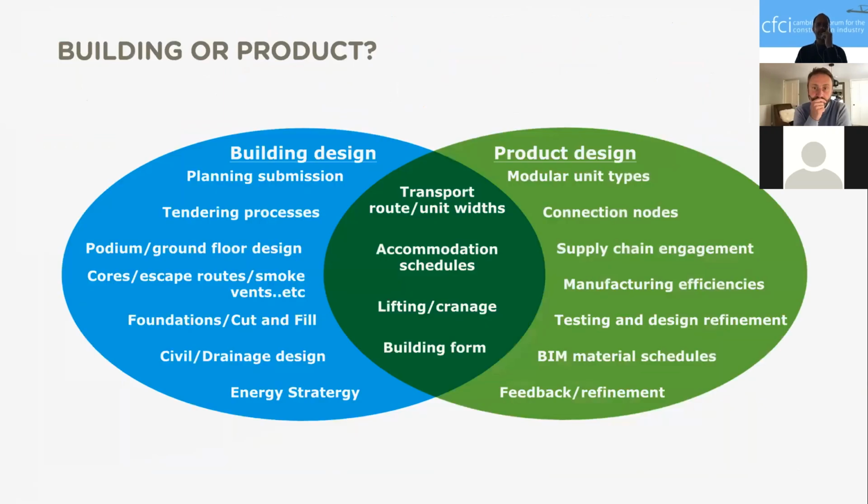And again, thinking about a building or a product, there's actually quite a lot going on when you're designing a building. There are many different factors in play. And it's the same again when you're doing a product. There are also slightly different factors that come into the equation, and there's a bit of an overlap. So trying to get everything into one place is hard work, and you're going to struggle with it.